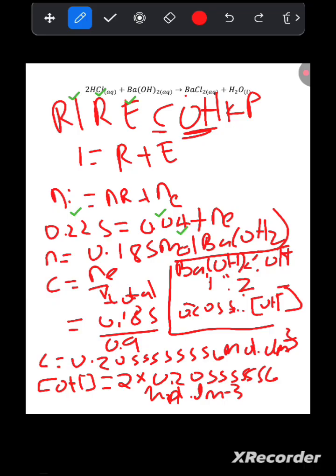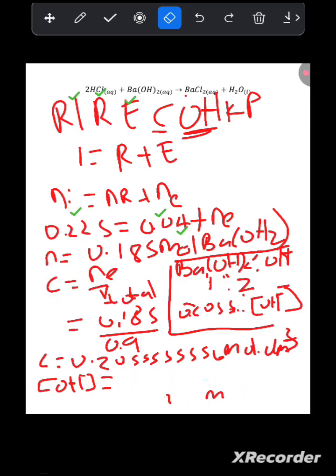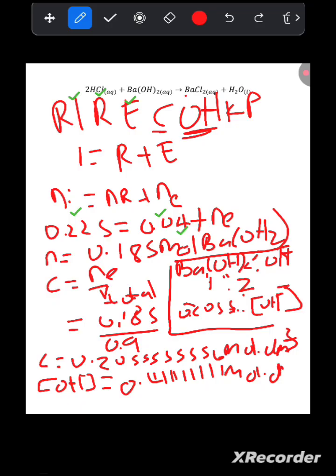If you multiply here, you get 0.411111, mole per cubic decimeter. That is the concentration of hydroxide ions.